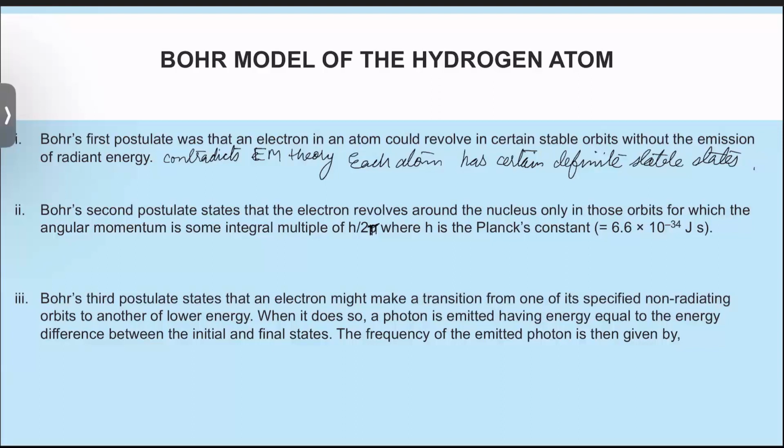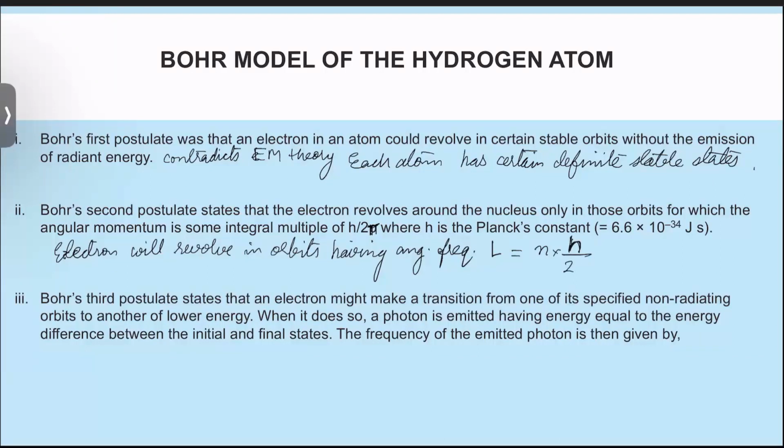So what Bohr's second postulate says is that electrons will revolve in orbits having an angular momentum, suppose we call it L, as an integral multiple, so that would be n into the factor that we had seen, h by 2 pi.